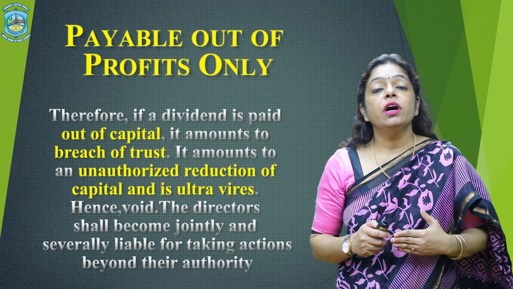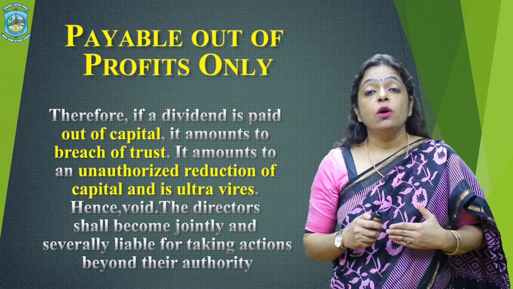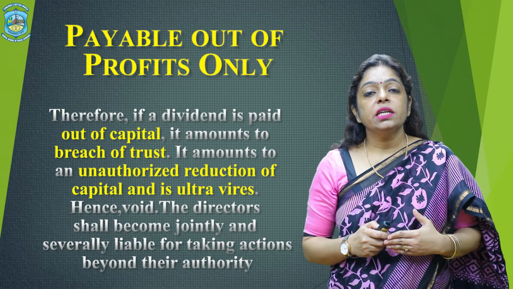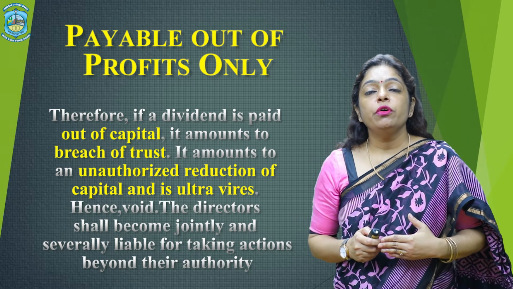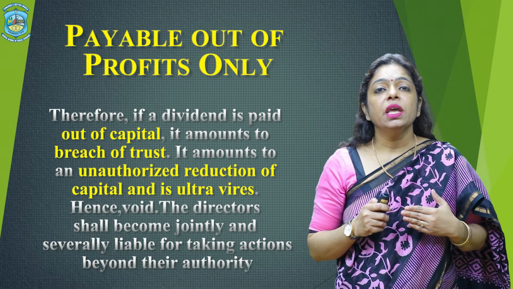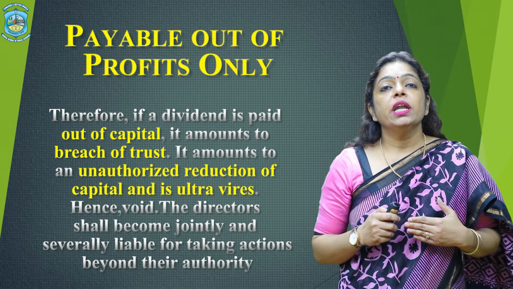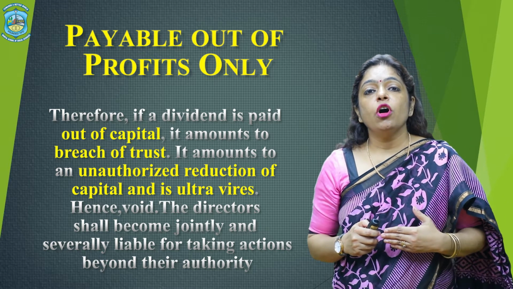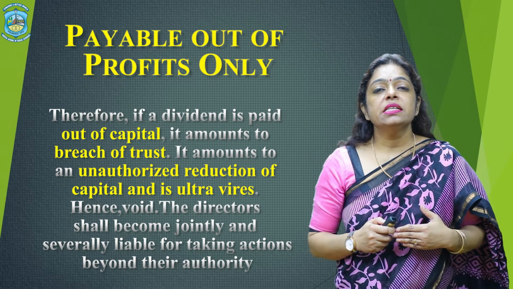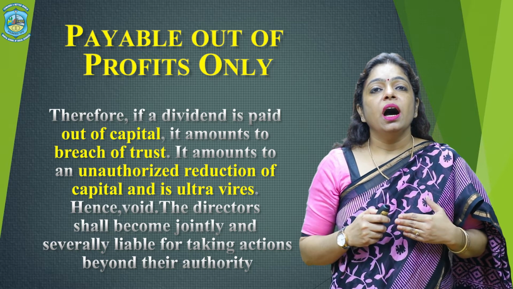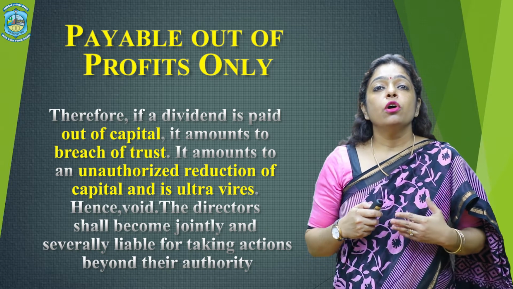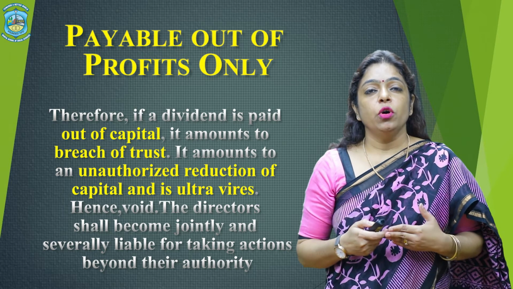Therefore, if a dividend is paid out of capital, it amounts to breach of trust. It amounts to an unauthorized reduction of capital and is ultra vires. Ultra vires means going beyond your authority.